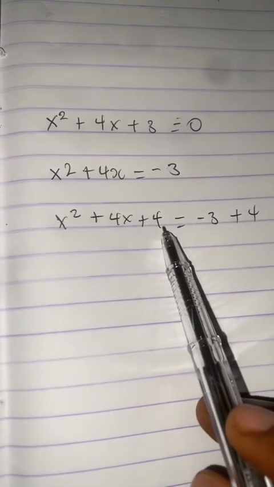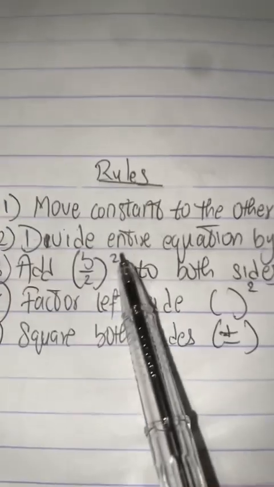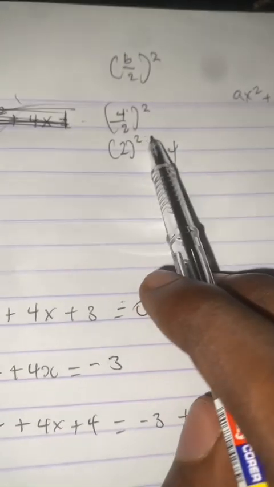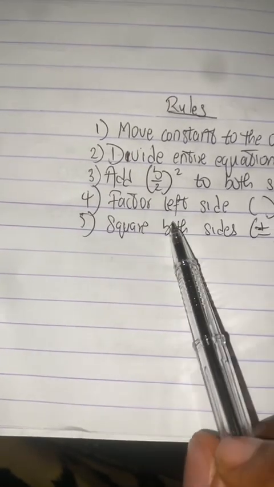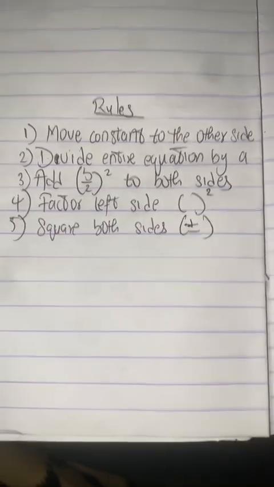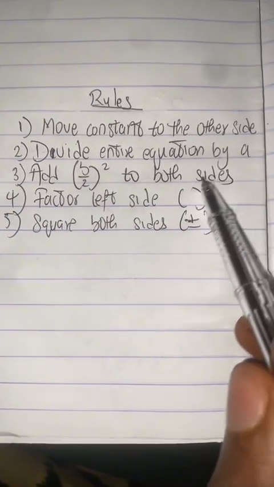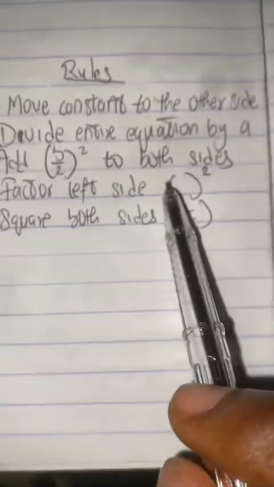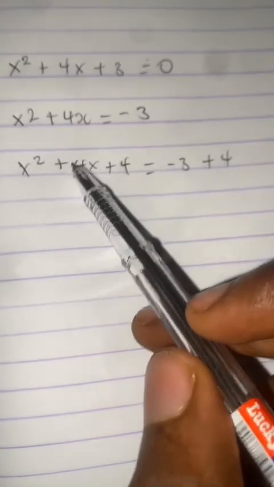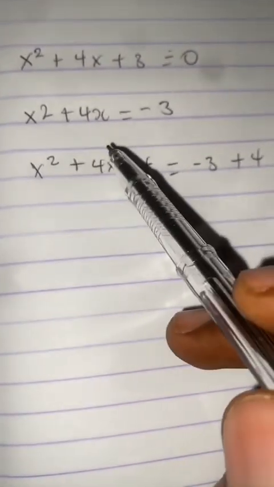Remember, we're adding it to both sides. This was what we got. Remember how we got this? From this formula. Now, after that, it says factor the left side as a bracket raised to the power 2. What does that mean? For you to be able to do this next step, whatever it is that is here is basically the half.